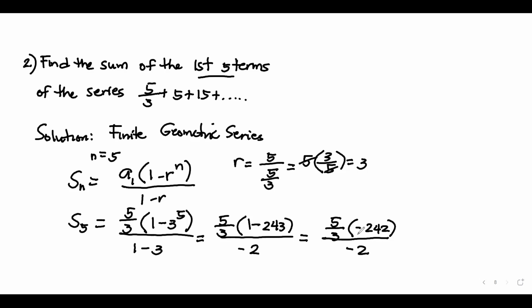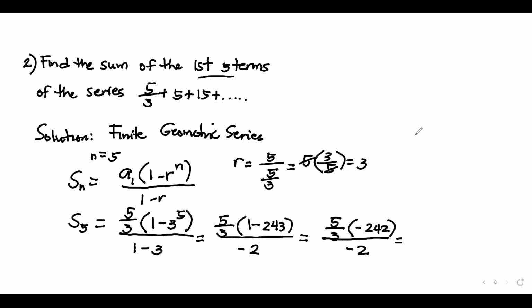So therefore our answer is positive because negative divided by negative is positive. 5/3 multiplied by 242, 403.33, divided by 2.